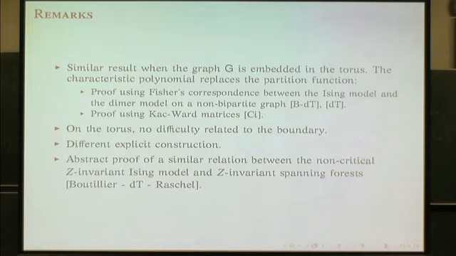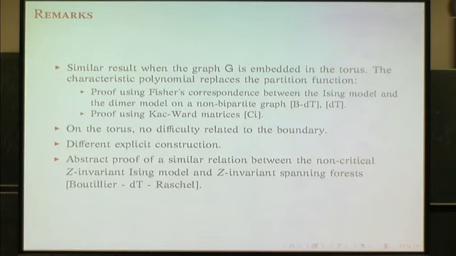So it really shows that this relation between the two models seems to be quite deep. It not only holds at criticality, but also away from criticality, where spanning trees become spanning forests, which can be rooted at any vertex. But for the moment, away from criticality, the combinatorics resist.